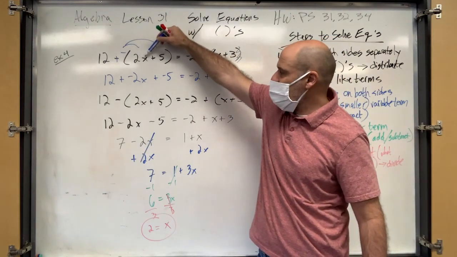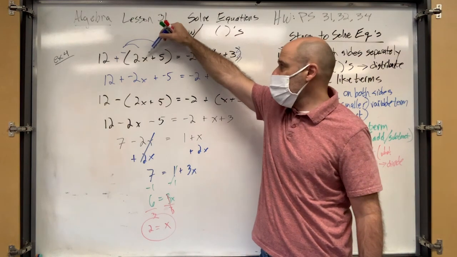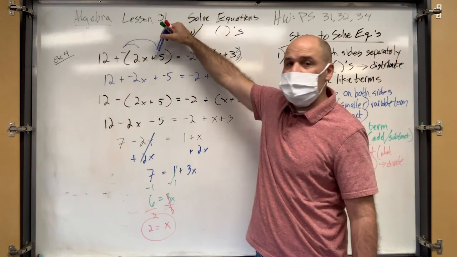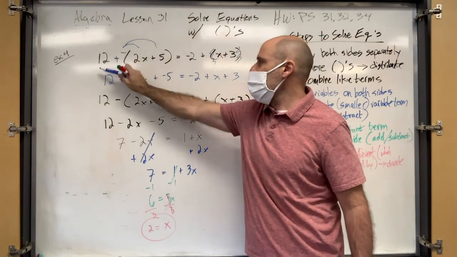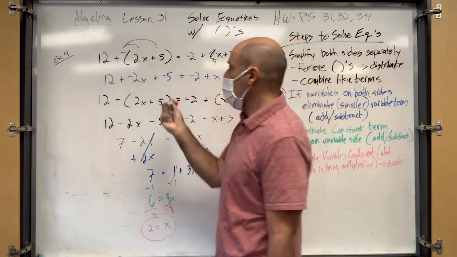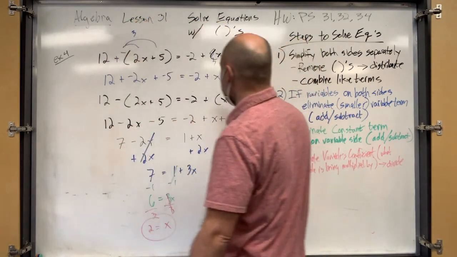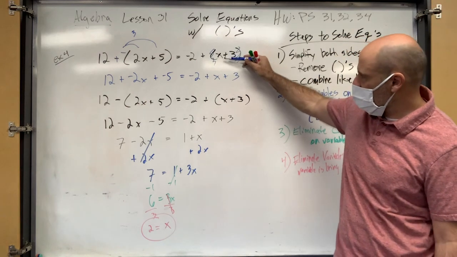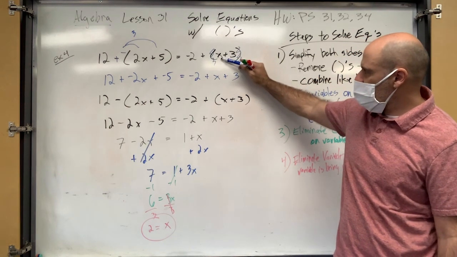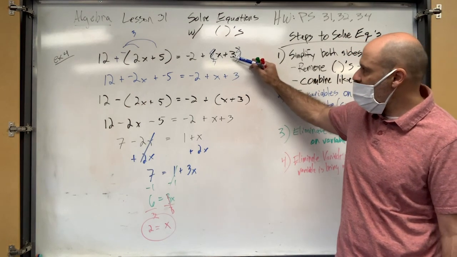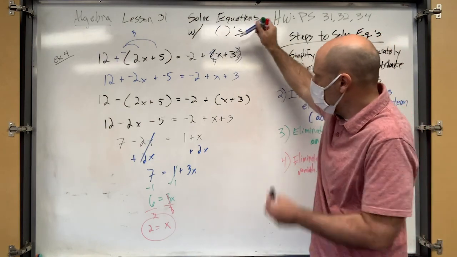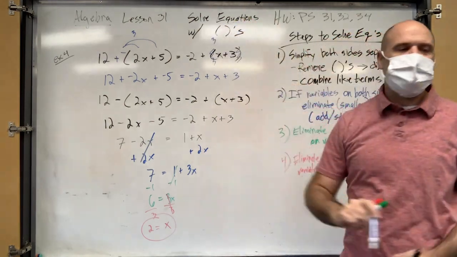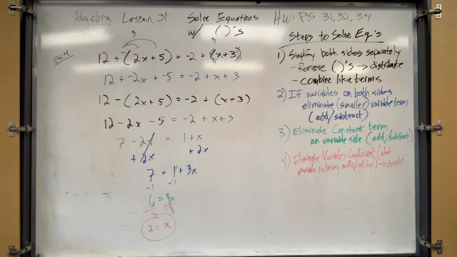What's 2 times 2? 4 plus 5? 9. So what's 12 minus 9? So that's a 3. Let's see if we get 3 on this side. Let's plug in 2 for x. What's 2 plus 3? 5. Added to a -2? 3. Check. It works. Okay?